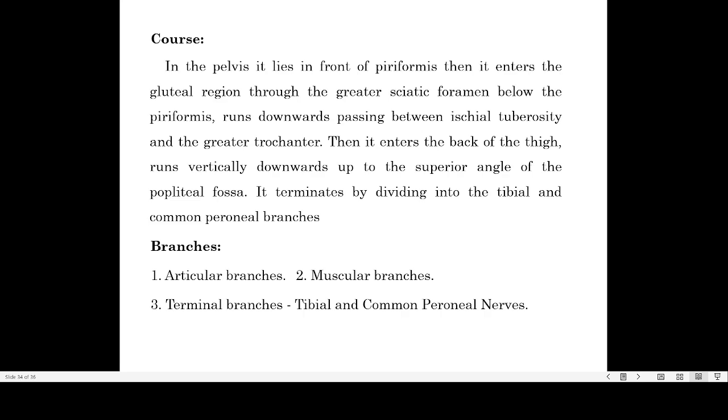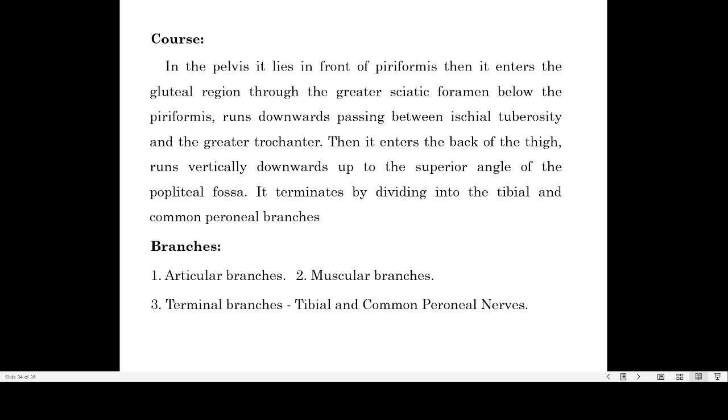Now, how does that nerve course? In the pelvis, it lies in front of the piriformis muscle. Then it enters the gluteal region through the greater sciatic foramen below the piriformis.